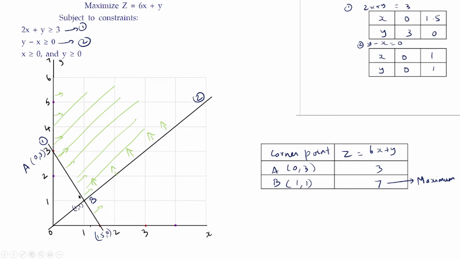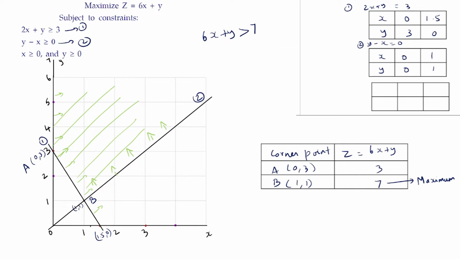Now if the feasible region is unbounded and the objective function is to maximize z, then we have to draw the region corresponding to the inequality 6x plus y greater than 7. So the next step is to find the region corresponding to 6x plus y greater than this maximum value 7.